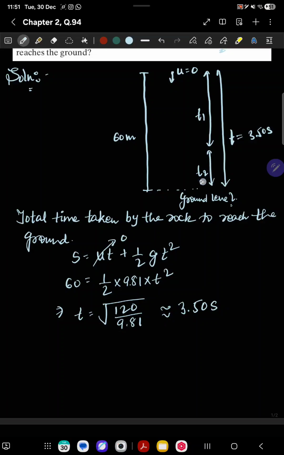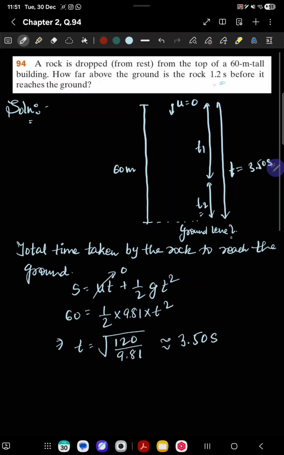This t2 time is the 1.2 seconds as given. So this t1 we can directly find out as 3.50 minus 1.20, which will give us a value of 2.30 seconds.